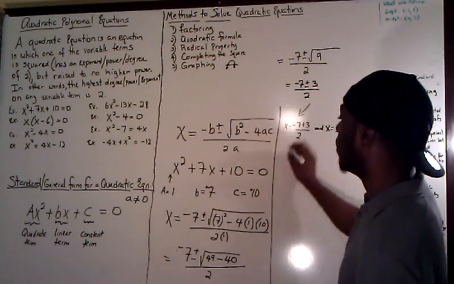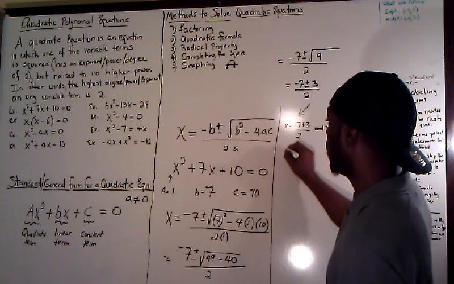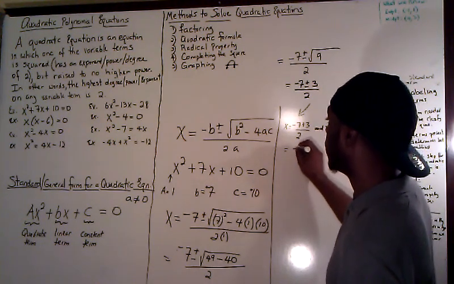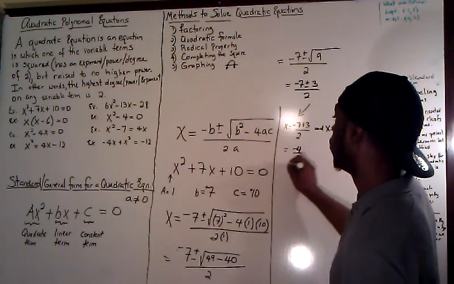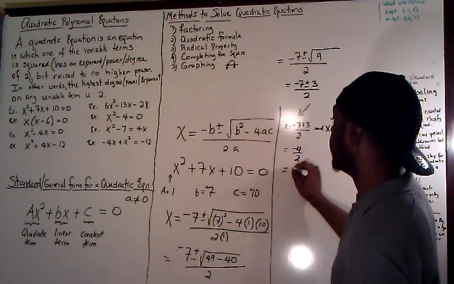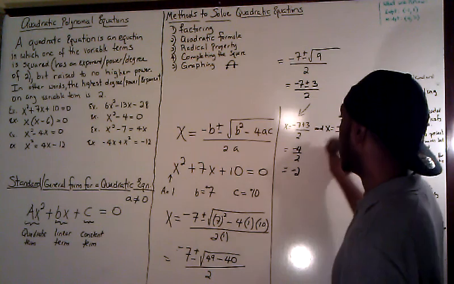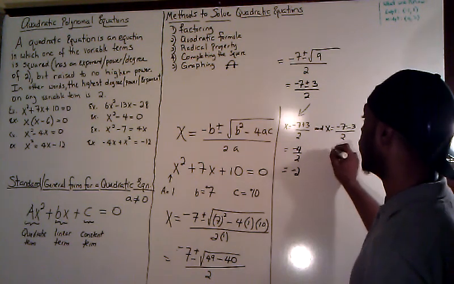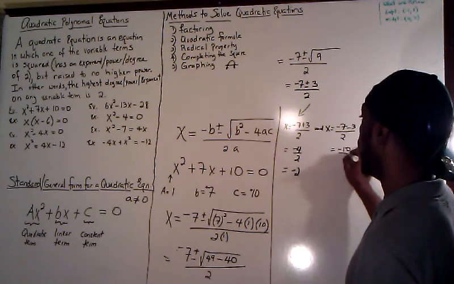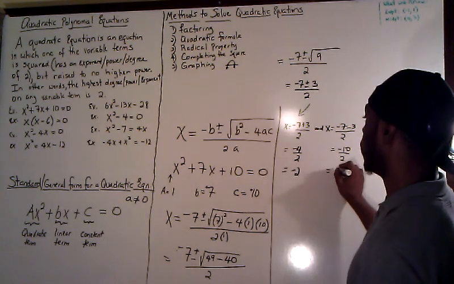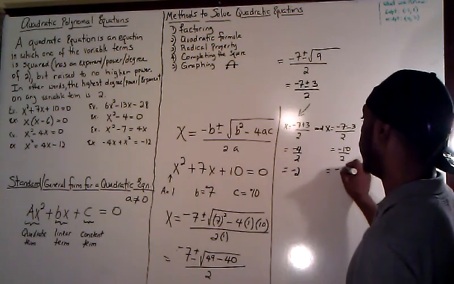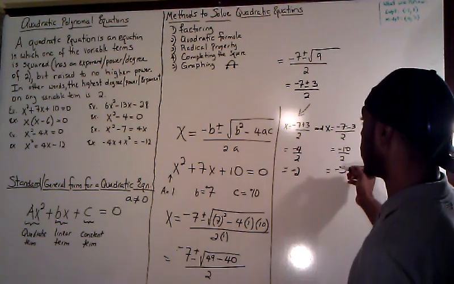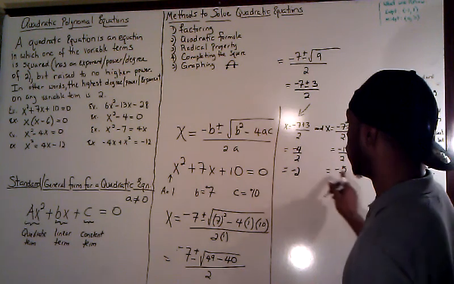And then we just simplify each quantity here. Negative 7 plus 3, that gives us a negative 4 all over 2, which gives us a result of negative 2. And over here, negative 7 minus 3, that gives a result of negative 10 all over 2, which gives a result of negative 5. So we see our results here is negative 2 and negative 5.